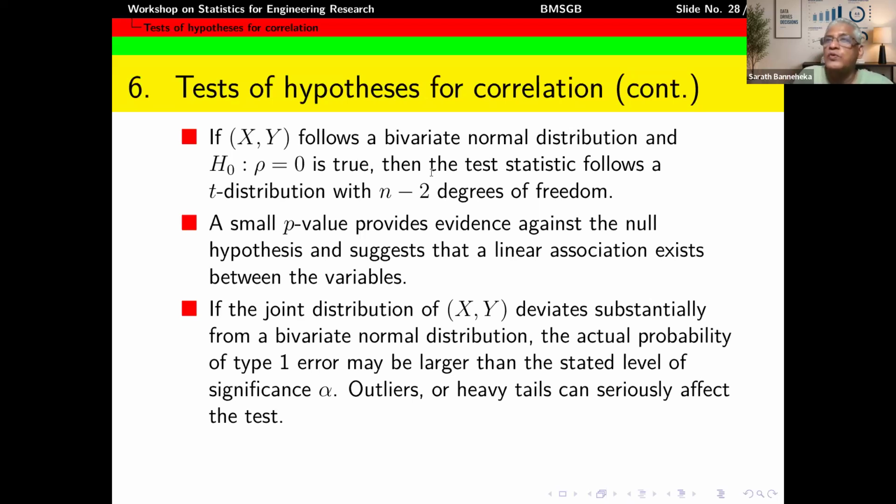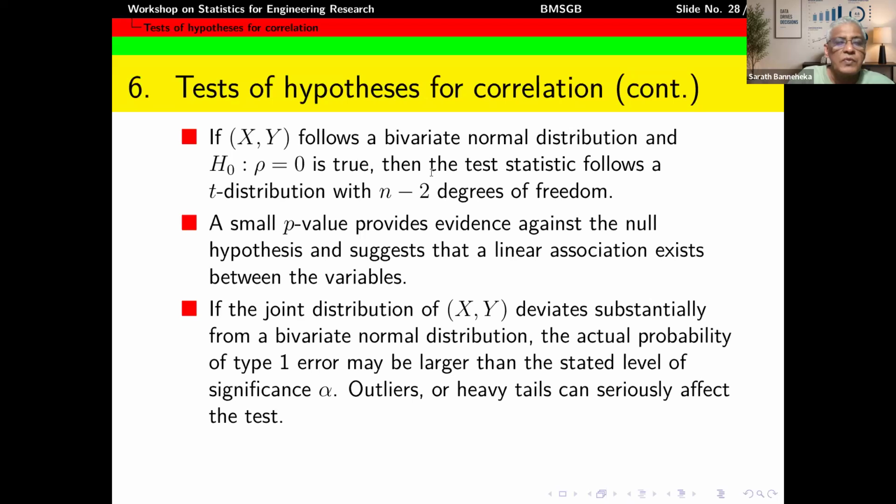Of course, you will carry out this test only if, based on the sample, there is at least some evidence of a linear relationship, but you don't know whether that apparent linear relationship is strong enough to decide whether the population has a non-zero linear relationship.